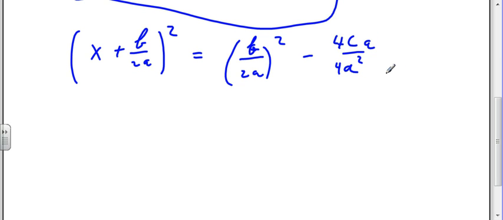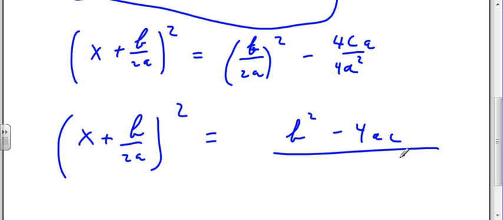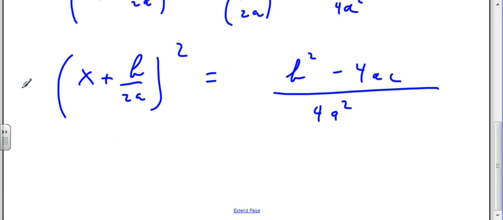Okay, now I've got a common denominator. All right, so I can have x plus b over 2a squared is equal to b squared minus 4ac, if I put it in alphabetical order, divided by 4a squared. Okay, that's good.